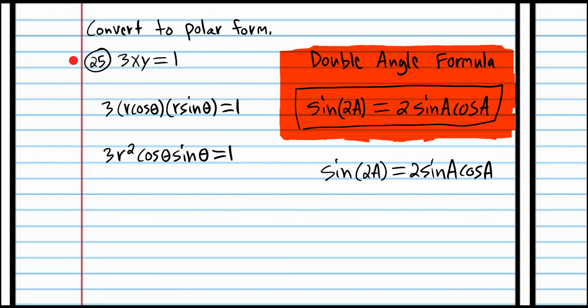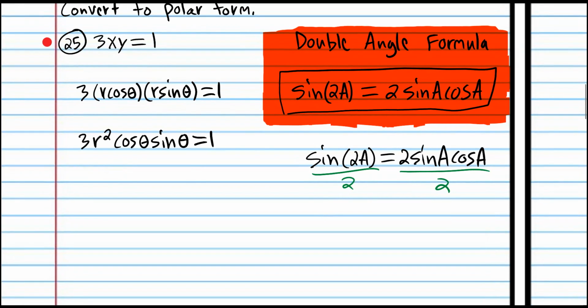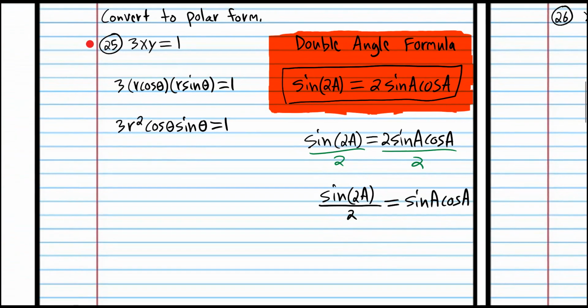So I'm going to take that equation and divide both sides by 2. And remember, these 2's are not going to cancel out because that 2 is inside the function, so don't do that. So now we have sine 2a over 2 is equal to sine a cosine a, but who cares? What's the point? The point is, this expression here is the same as that expression up there.